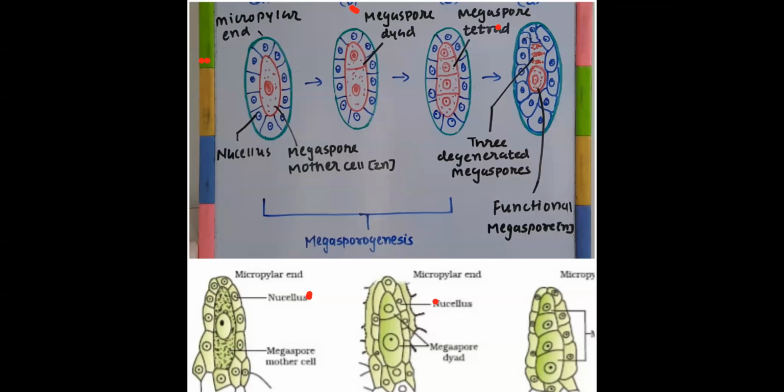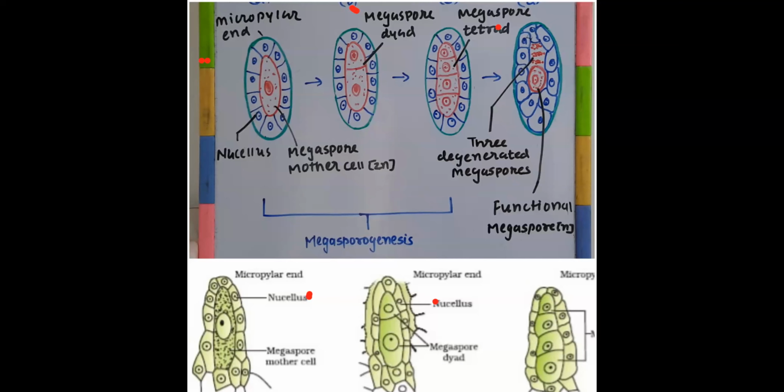This megaspore mother cell undergoes which cell division? Correct, meiosis. Is the megaspore mother cell haploid or diploid? Diploid.